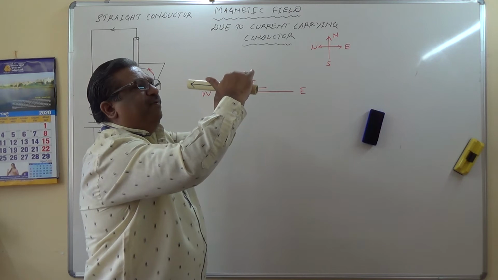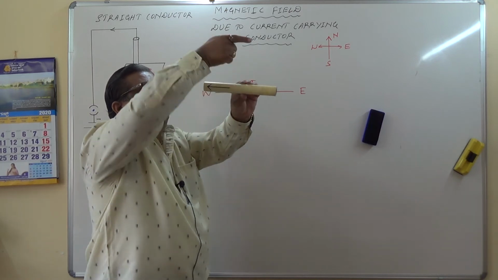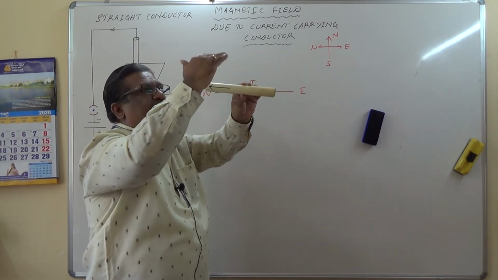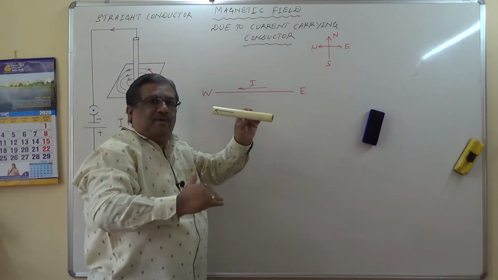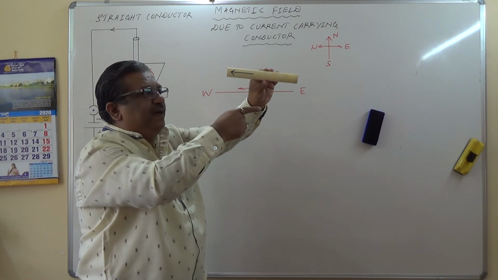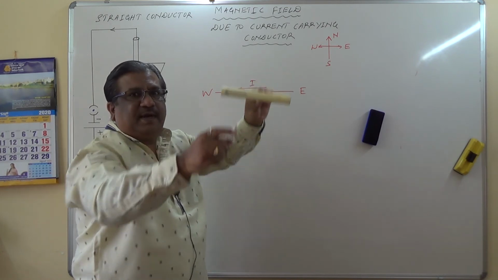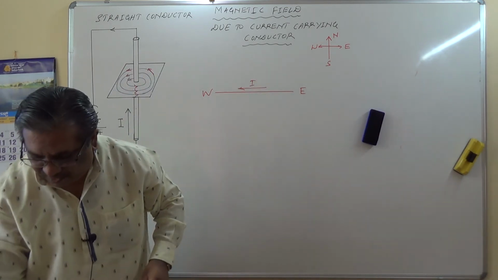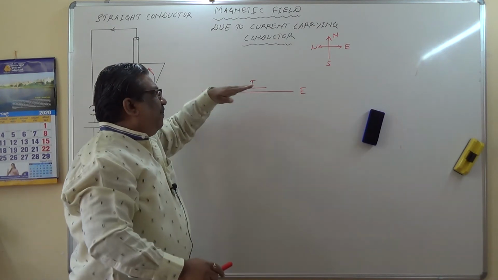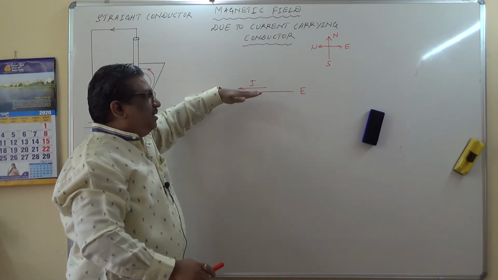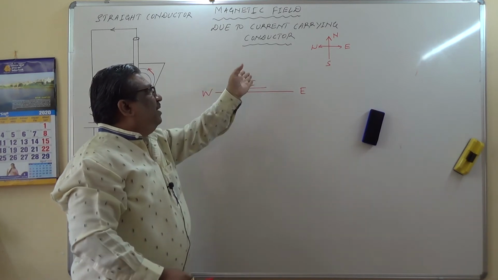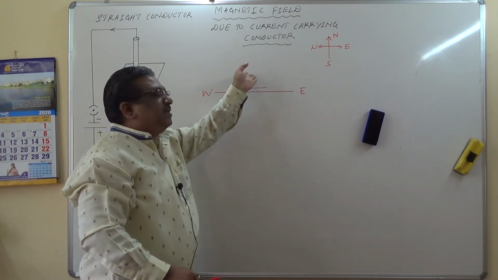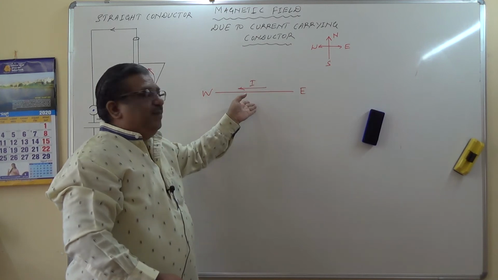So from the top, this is how the magnetic field lines are moving. Above, the magnetic field lines are entering into the board, and below, the magnetic field lines are coming out of the board. Therefore, in a plane perpendicular to this one, if I take a cross section over here, above, the magnetic field line is entering inside and below it is coming out of the board.